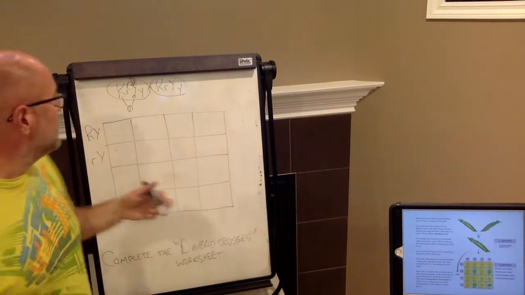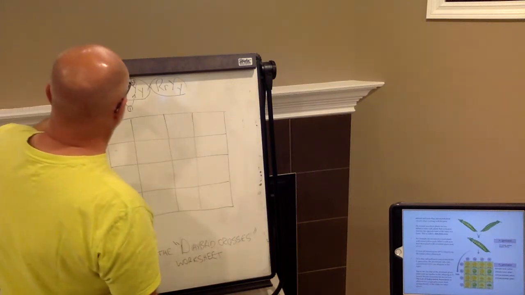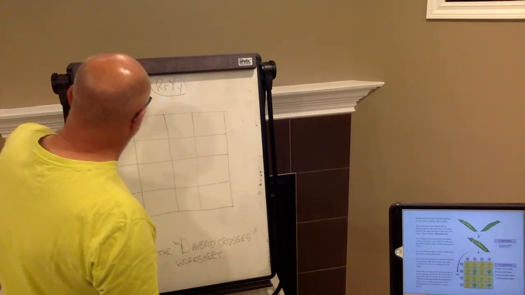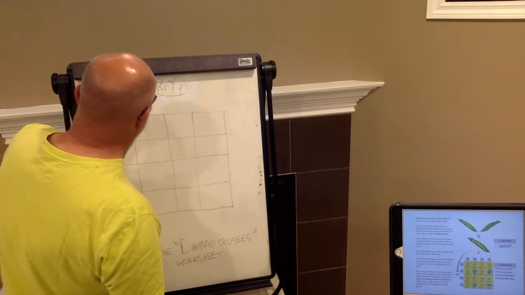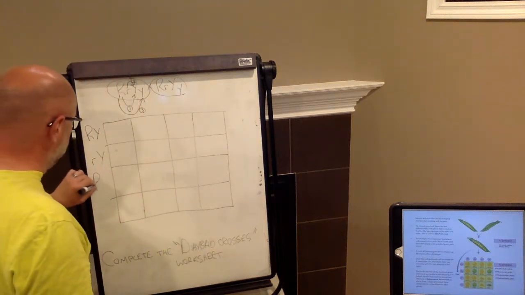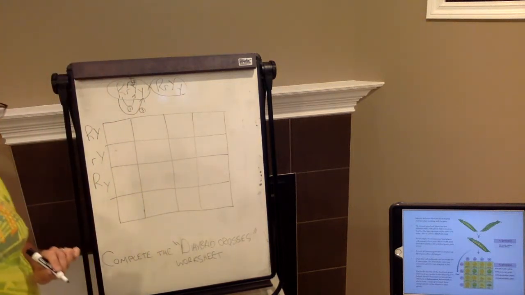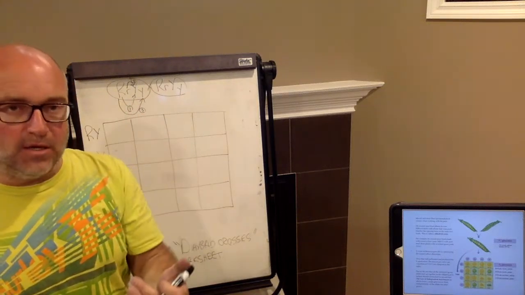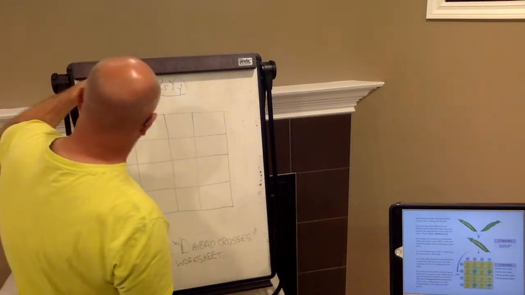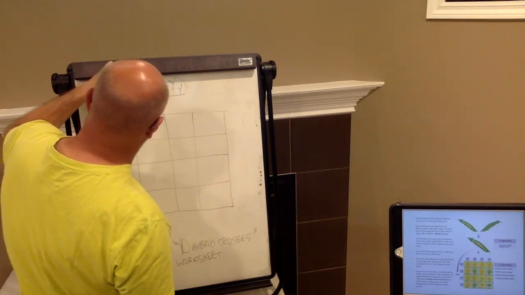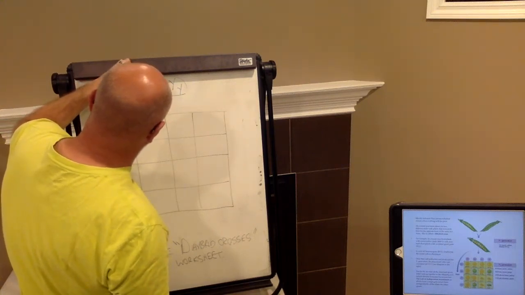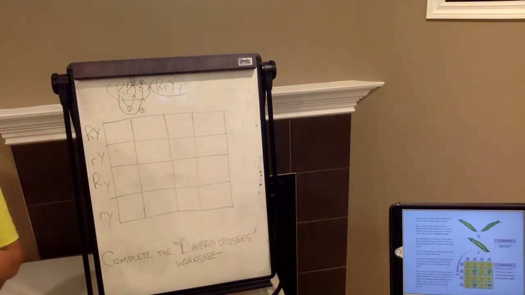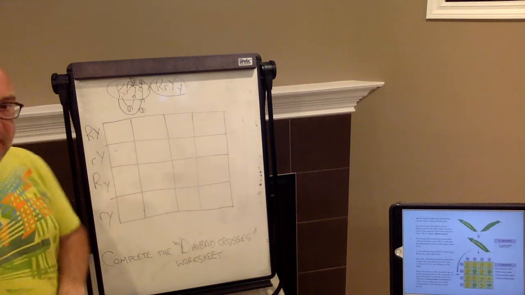That could happen too. Combination number 3 is going to be capital R combining with little y. So in this case, the dominant allele for shape could combine with the recessive allele for color. And the final combination is going to be little r combines with little y, and that gives me my 4th combination. So that's how I create one side of my Punnett square.